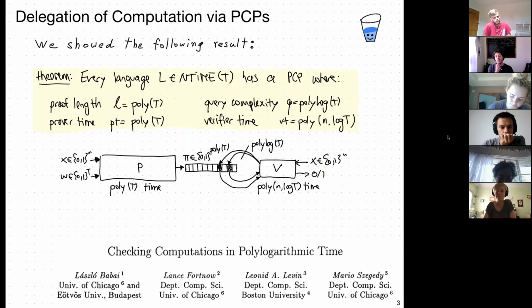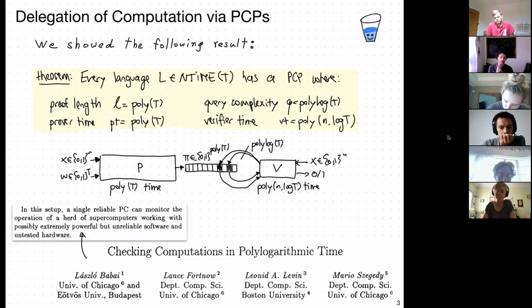So this result originated in a very old paper by Babai, Fortnow, Levin, and Szegedy. Even back in the early 90s, they had this amazing foresight of seeing the potential of such a theoretical result. What they wrote is that in this setup, a single reliable PC can monitor the operation of a herd of supercomputers working with possibly extremely powerful but unreliable software and untested hardware.